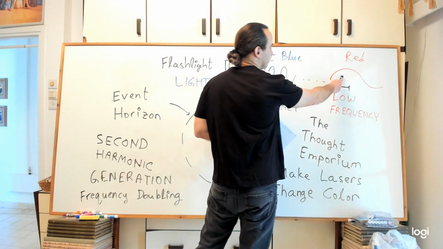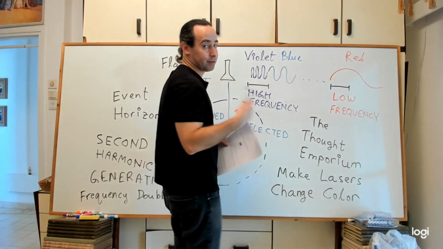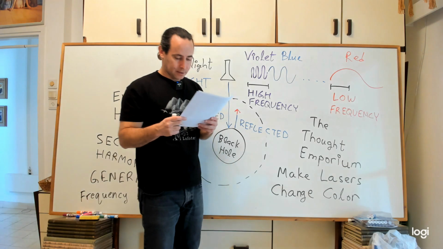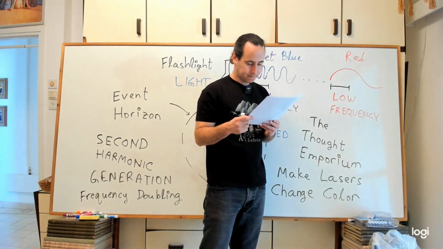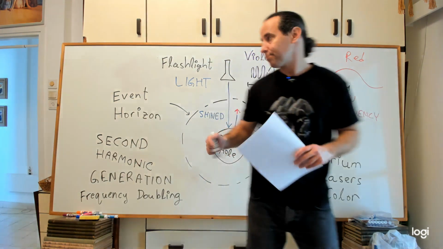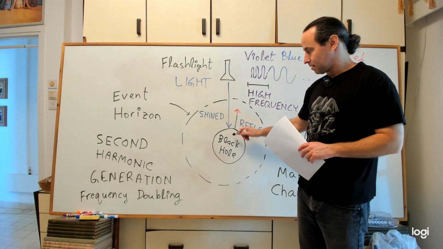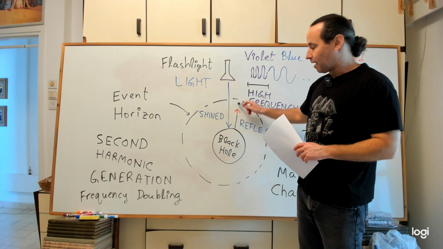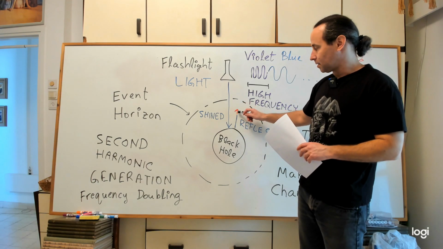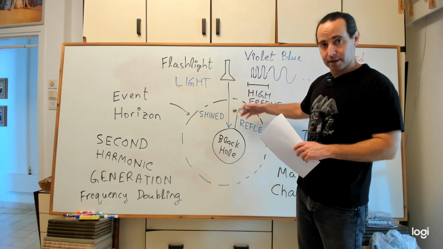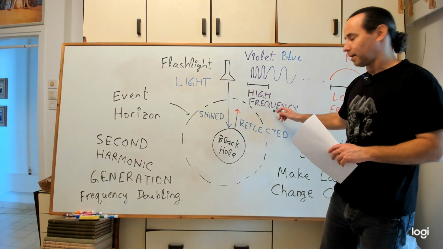Okay, we take two of this and make one of this, for example. So if we have a few photons that are hitting here, we have half of the amount here, but it will be in a stronger color, in higher frequency color.